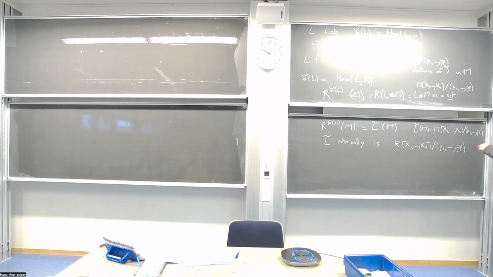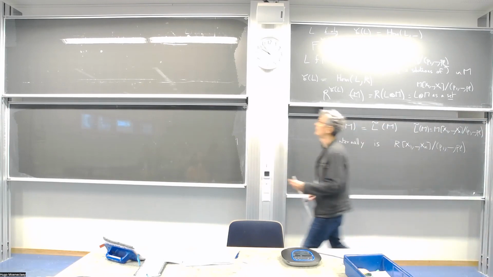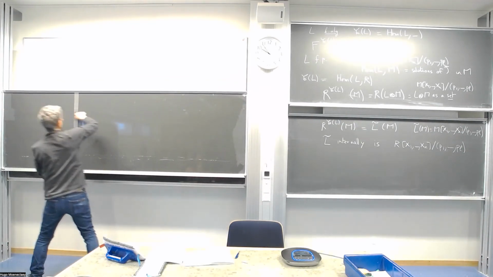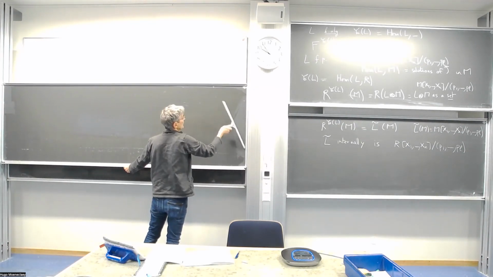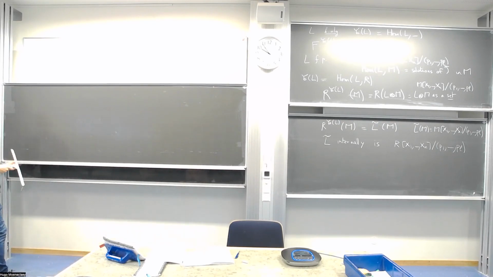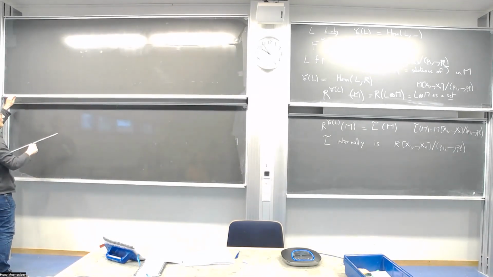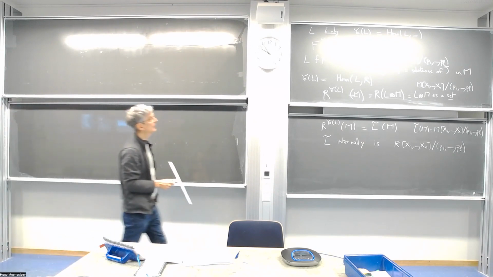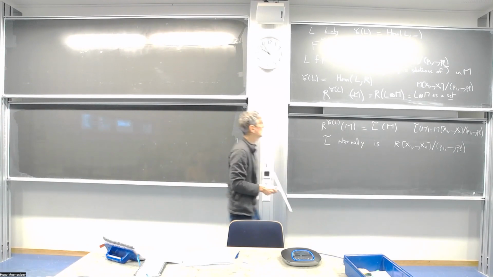So P1, ..., PL are in K, but I can look at them as polynomials in R. And this is valid even if we don't restrict ourselves to finitely presentable K-algebras, I mean for the base category. Here, L was a finitely presentable K-algebra, but M was an arbitrary K-algebra.